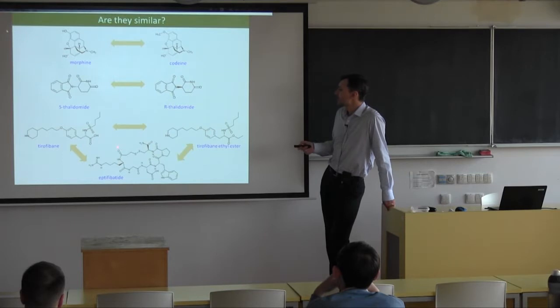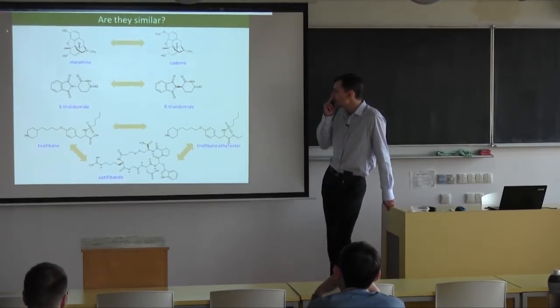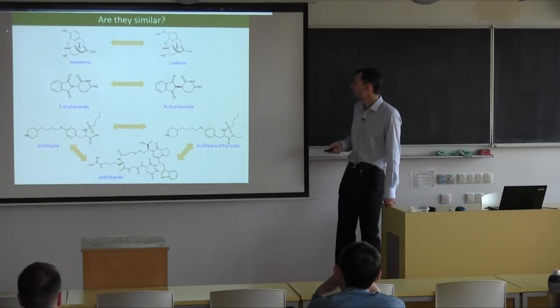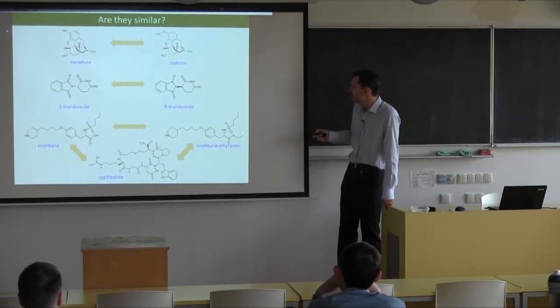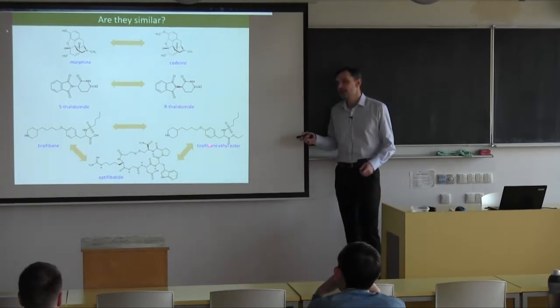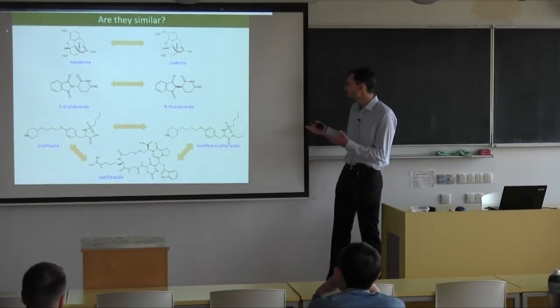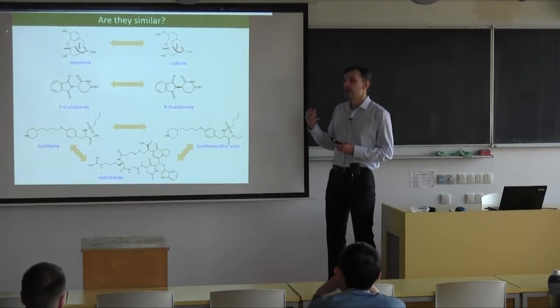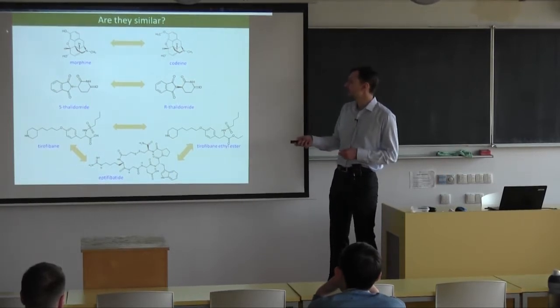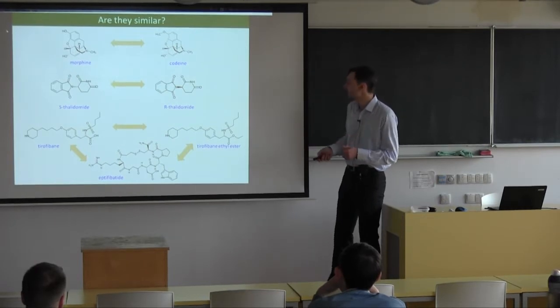And here is also tirofiban, a marketed drug for inhibiting platelet aggregation. If we make just a small modification, just obtain this methyl ester, such attempts were made in order to develop an orally bioavailable compound, because these compounds are used as injections.